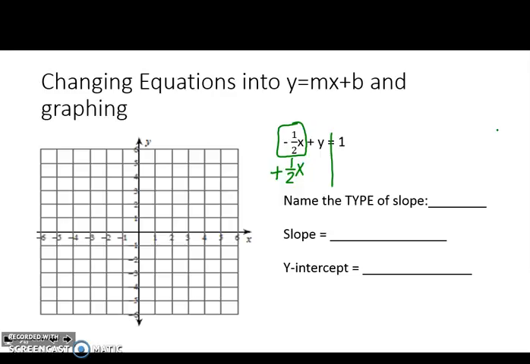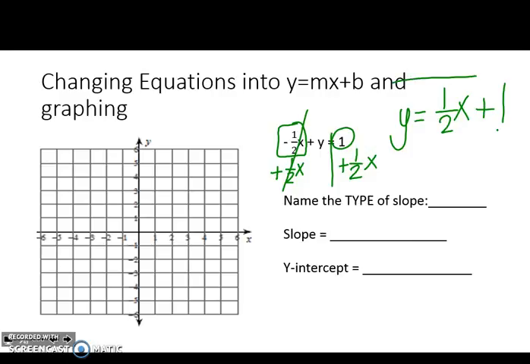So I have to change it to a positive to move it across the equal sign. So I get y equals 1 over 2x. And then this is a positive 1, so I have to put the plus sign in there when I rewrite it. So this is the equation that you're going to graph.